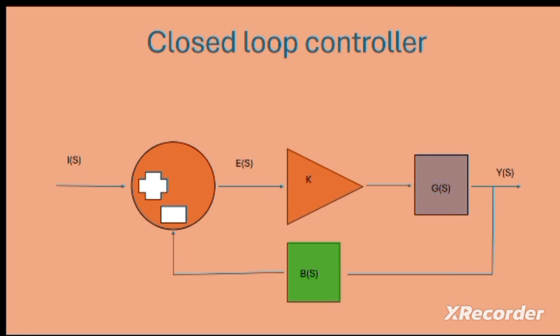The third part of the block diagram is our G of S, and the fourth part is B of S. Now the purpose of today's video is to calculate the transfer function of the closed loop controller.